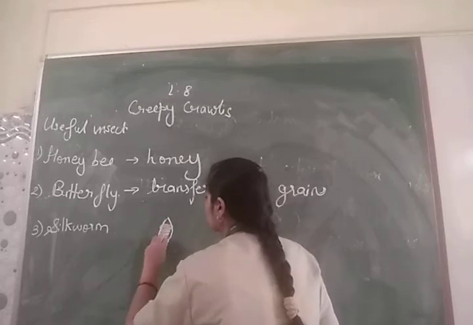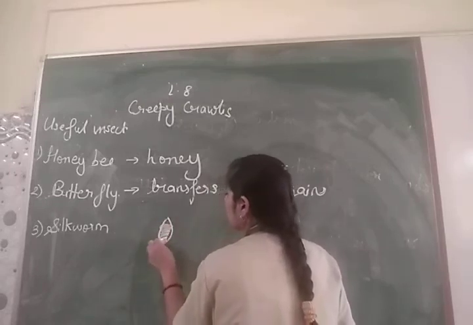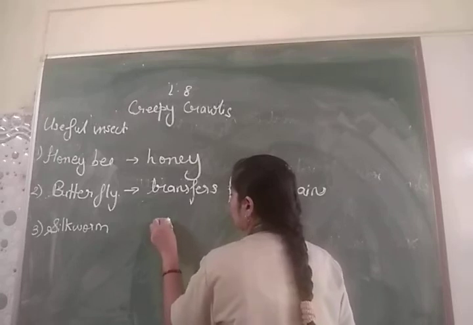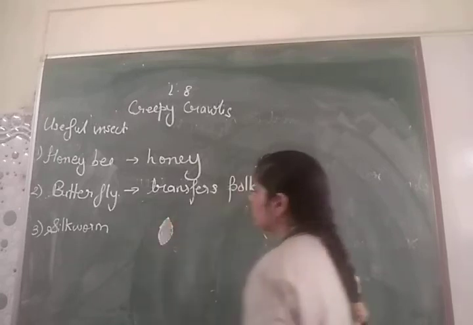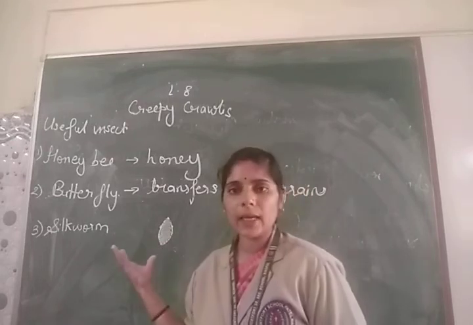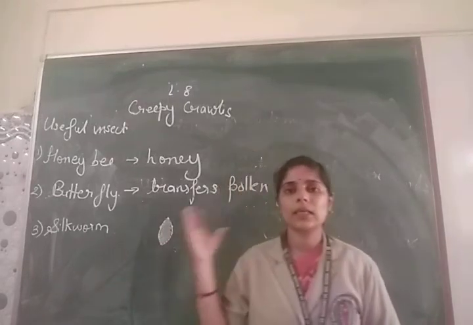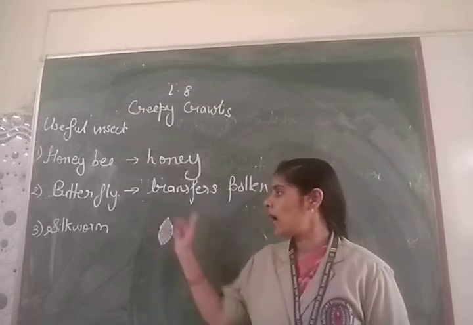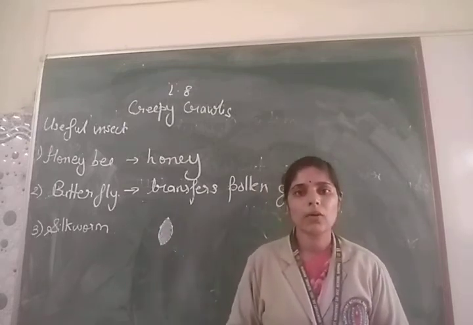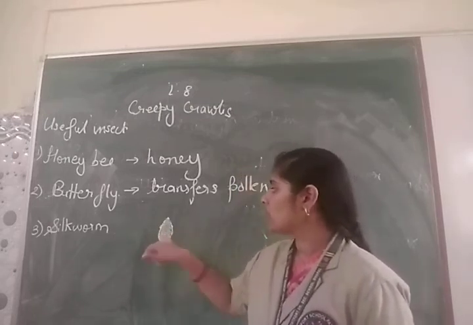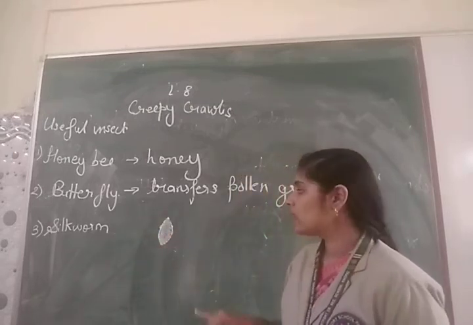This cocoon is formed from the silk thread, inside which our caterpillar or small silkworm is there. Like you might have seen an egg, the chick is inside the egg, and there is a hard covering of eggshell over the chick. In the same way, the silkworm or caterpillar is inside the cocoon.